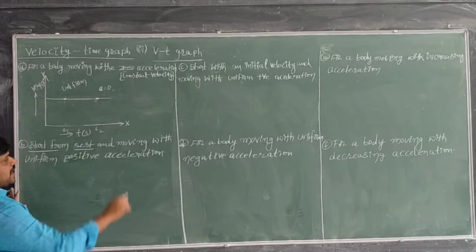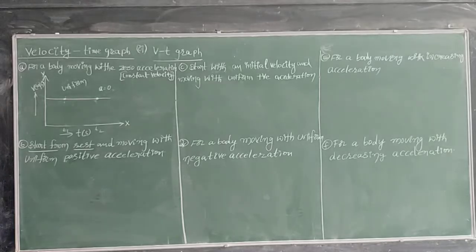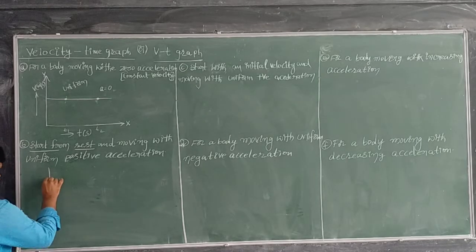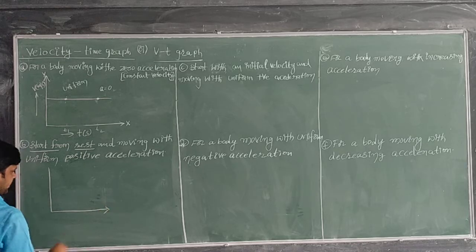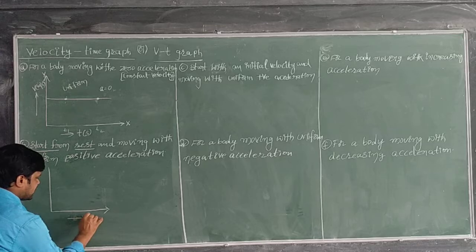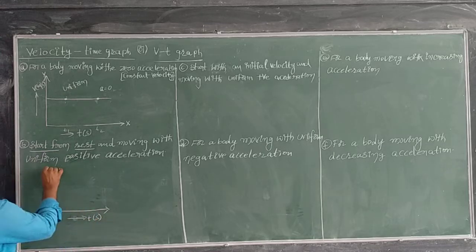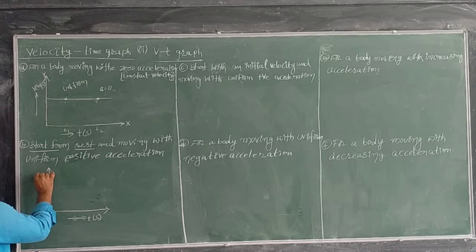Next, the second one: a body starts from rest and moves with uniform positive acceleration. Let us see here, this is the y-axis and this is the x-axis. Time I am taking on the x-axis, t in seconds. Velocity I am taking on the y-axis, v in meters per second.